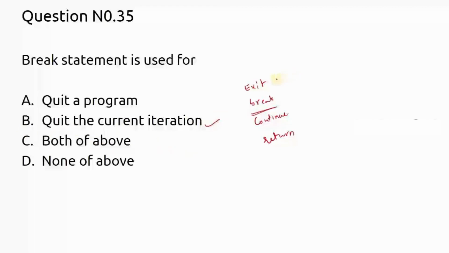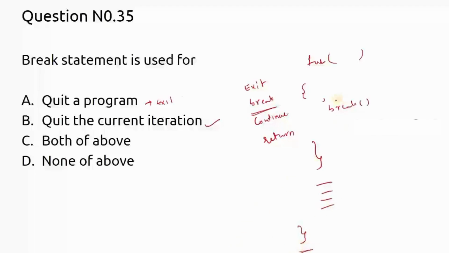So exit is used to quit a program. This is for exit actually. Whenever you are executing a program, let us suppose some for loop you have written, and you have written a code here somewhere for some condition, you have written break here, means it comes out of the block, and whatever the statements are there, that will be executed and ends the program.